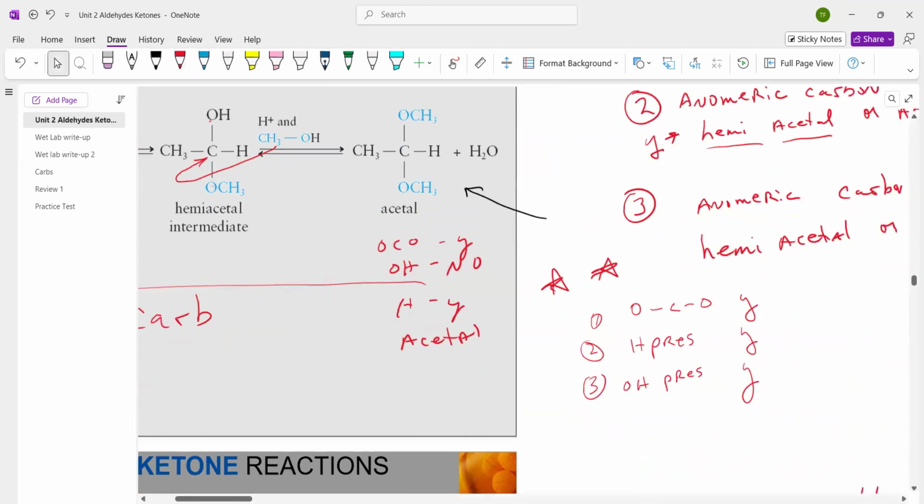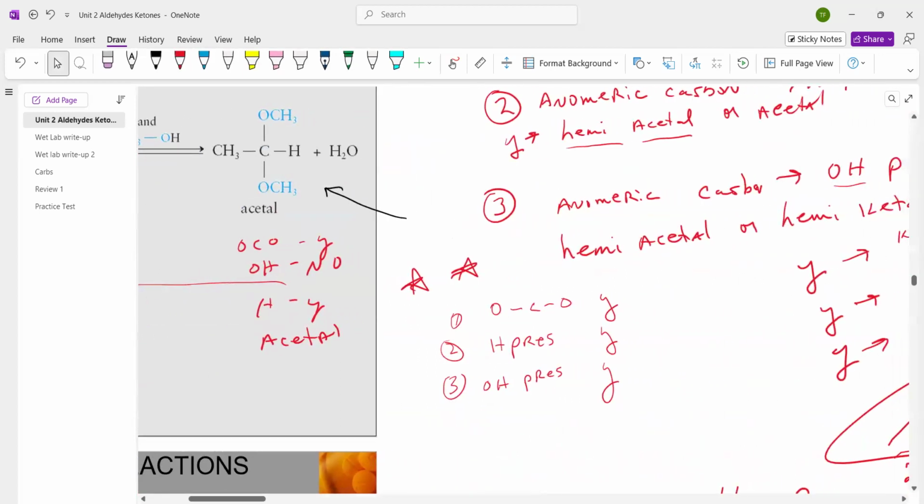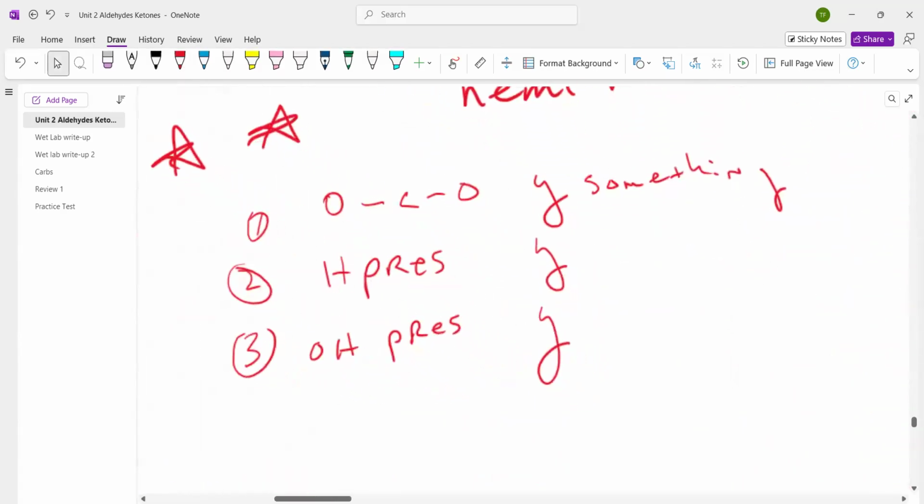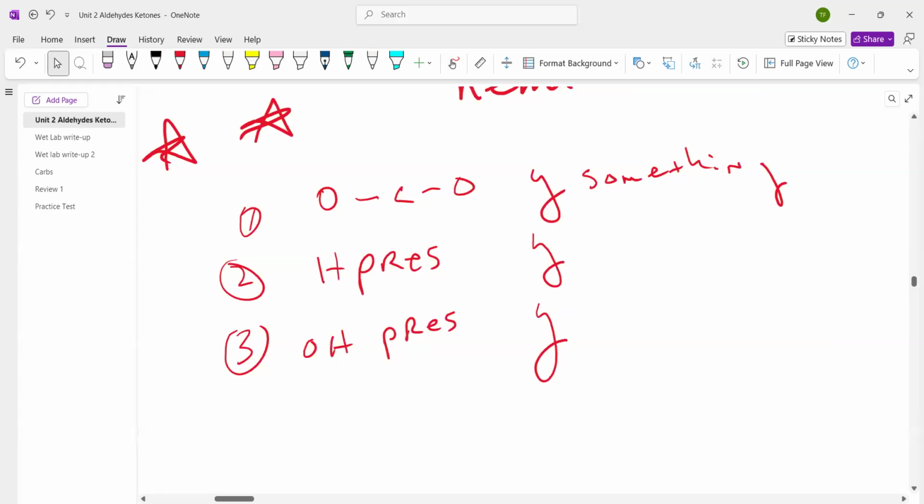Okay, so if we answer yes to number 1, we have something. If there's an H present, that means it is an acetal, not a ketal. If OH is present, it's a hemi.